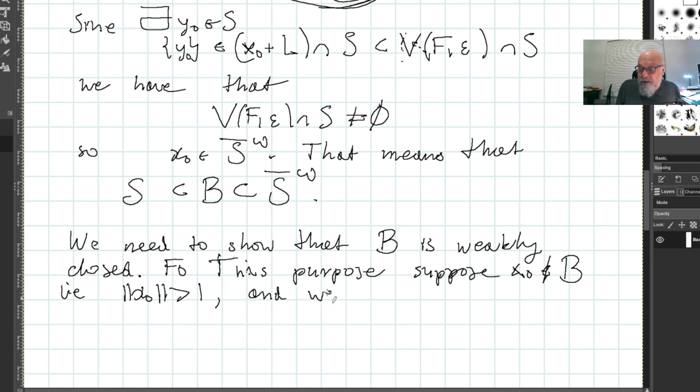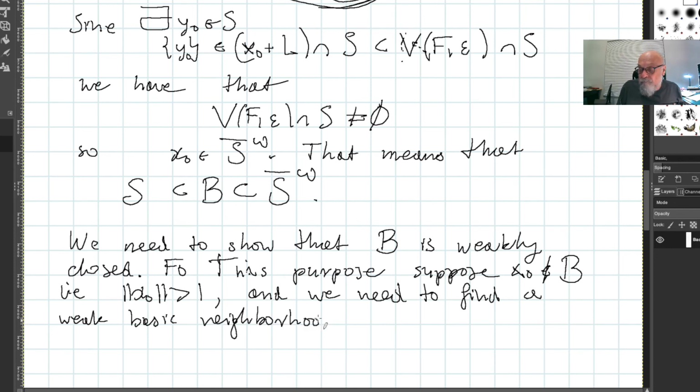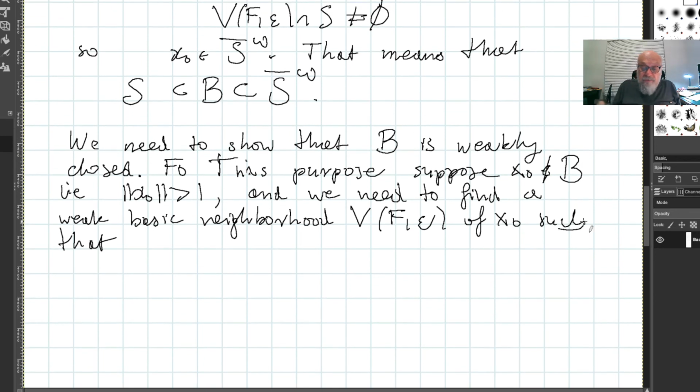We need to find a weak basic neighborhood V_{F,epsilon} of x naught such that V_{F,epsilon} intersection B is empty.